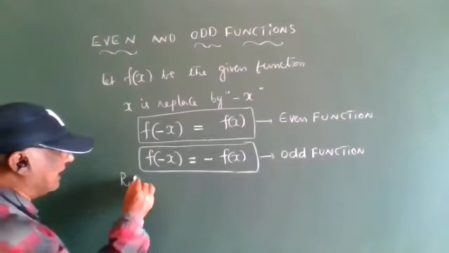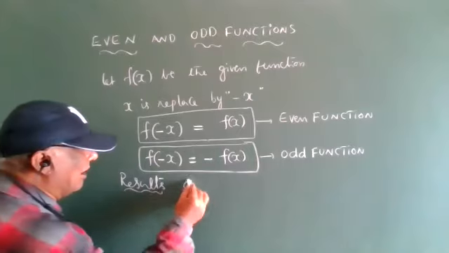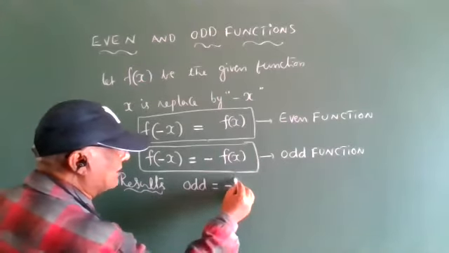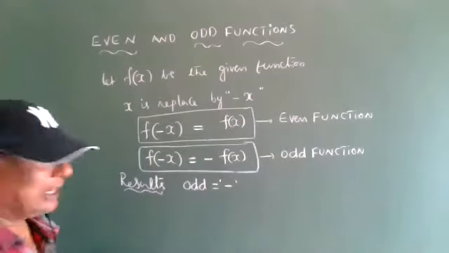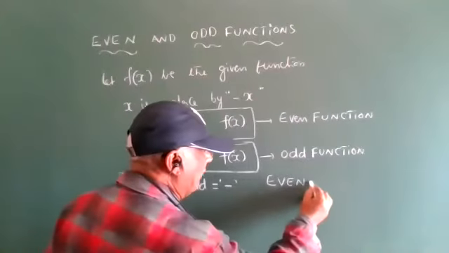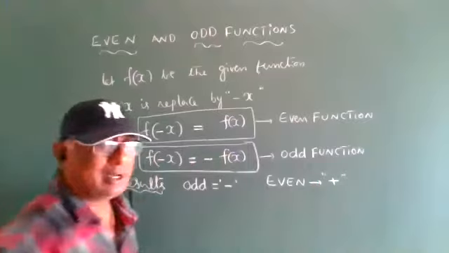Next, what are the results for even and odd functions? I am going to take an odd function as a negative symbol and an even function as a positive symbol.